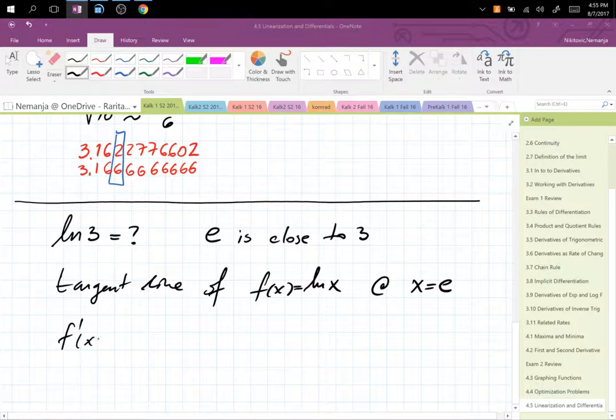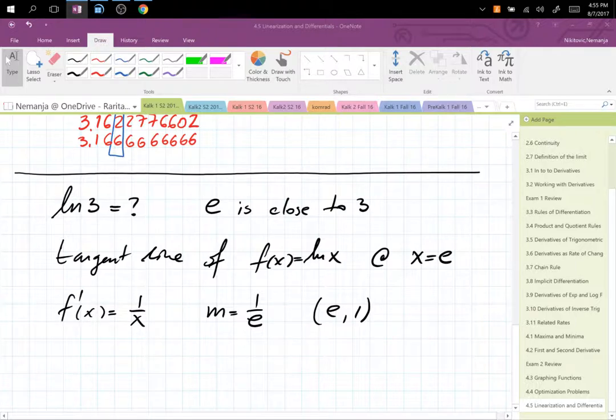Find the first derivative. That's how we find the tangent line. The first derivative for ln x is 1 over x. And then the slope is immediately 1 over e. So there's our slope, 1 over e. And we have the point e comma 1, because when you plug e back into ln, ln of e is 1. So we have x comma y.